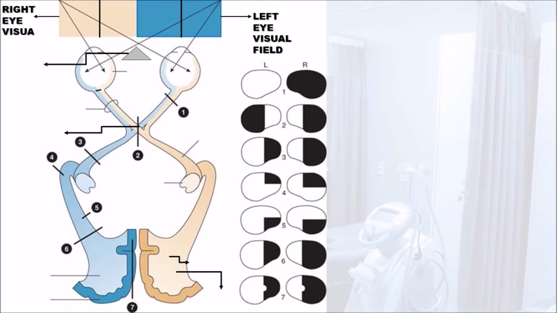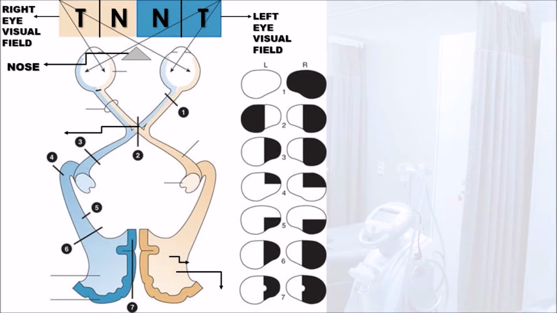In the visual pathway, we have the left visual field and the right visual field. This is related to the nose. The part closer to the nose is known as the nasal visual field, and the part outside, or lateral to the nose, closer to the temporal bone, is the temporal visual field.